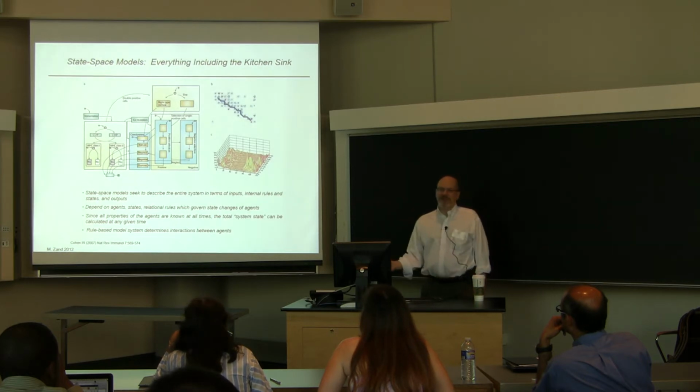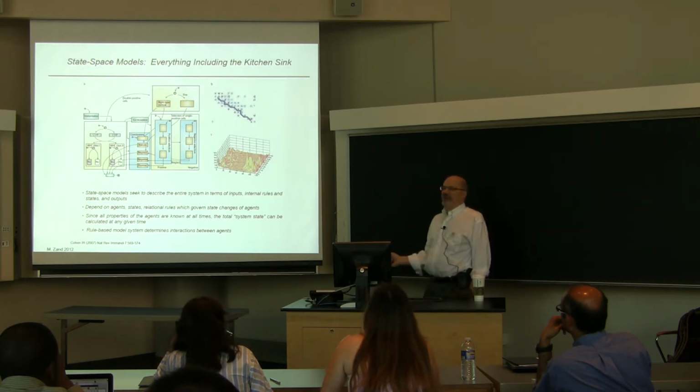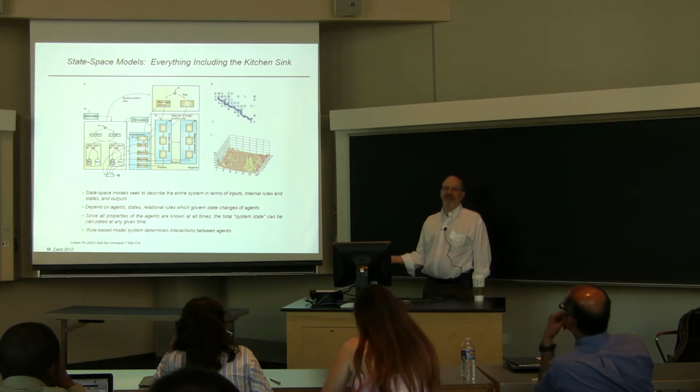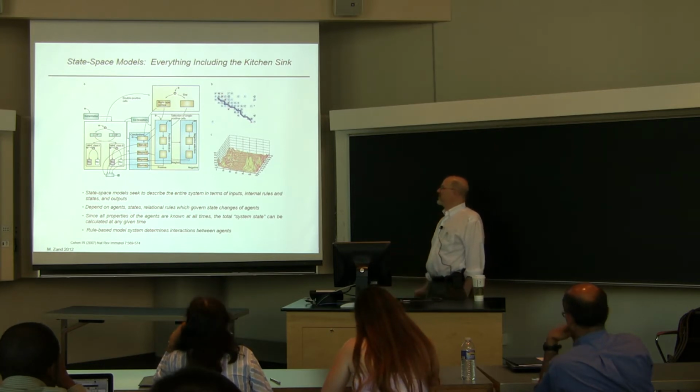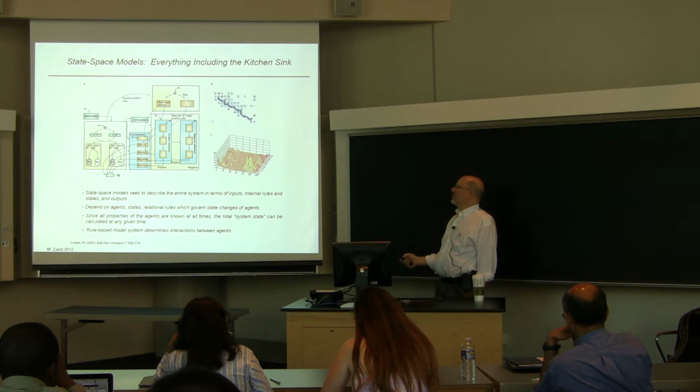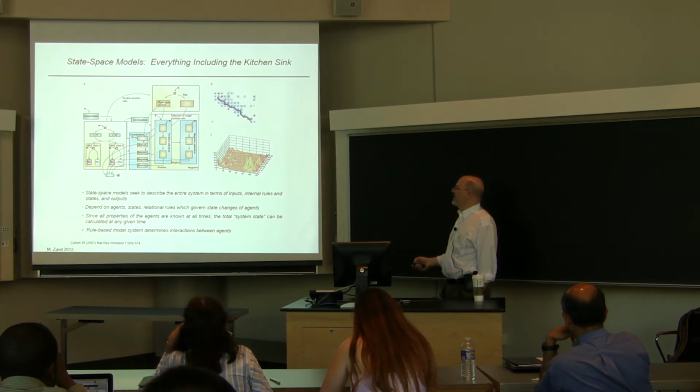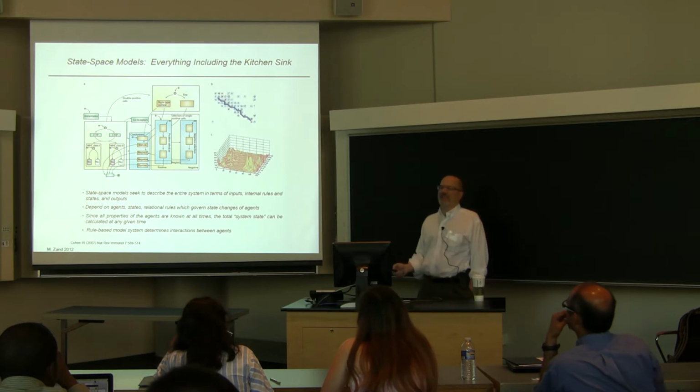State space models, these are models where you actually try and model the entirety of everything, in some sense. So they seek to describe the entire system in terms of inputs and outputs, and these models depend on agents, states, and relational rules which govern the changes of states.